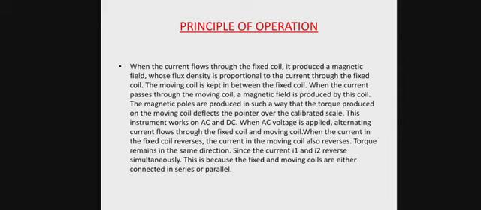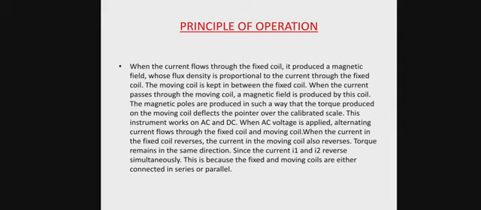When AC voltage is applied, alternating current flows through the fixed coil and moving coil. When the current in the fixed coil reverses, the current in the moving coil also reverses.